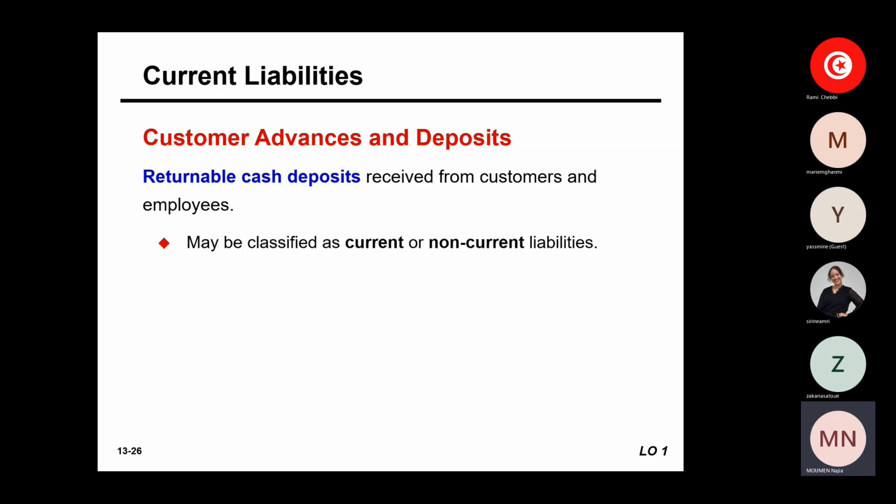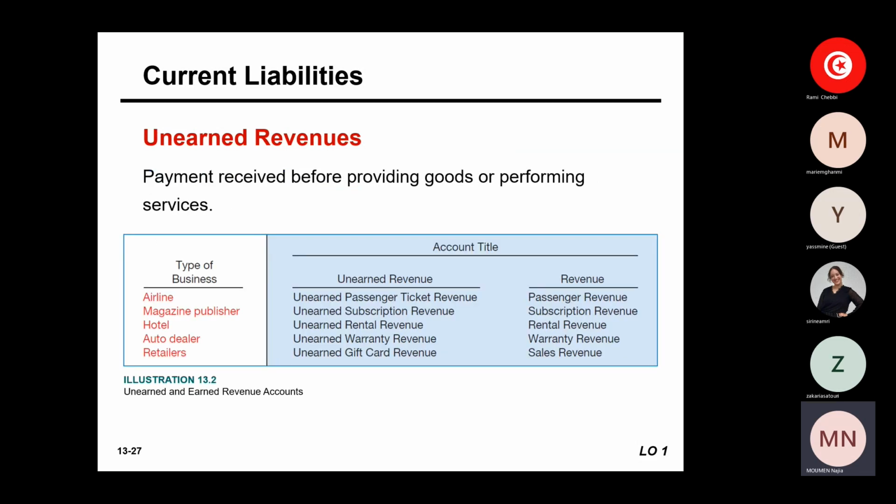Okay. Another type of current liability is when you collect money for future services or for future goods delivery. Here you will receive this payment before providing goods or performing services. And you know that only cash that we receive after the performance obligation is satisfied is the only situation when we should record it as revenue.